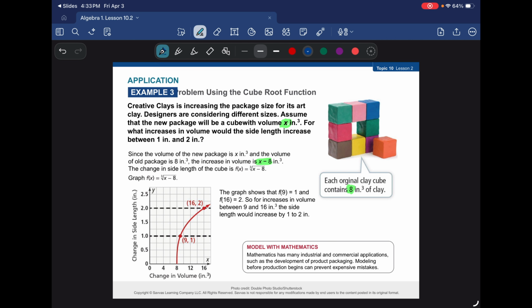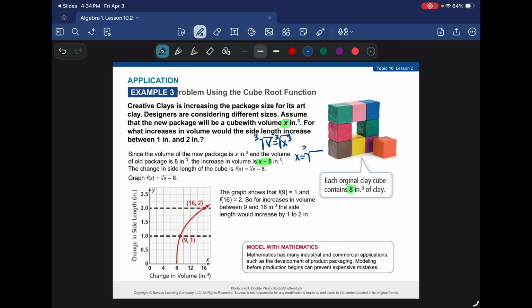And if we remember, our formula for the volume of a cube is just side length cubed, if x is the side length. So how do I find the side length? Well, we would have to do our opposite operations and take the cube root of both sides. So if I take the cube root of V, I will get the side length.